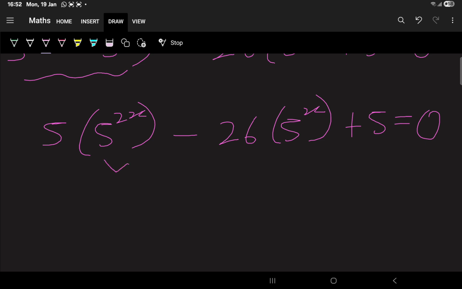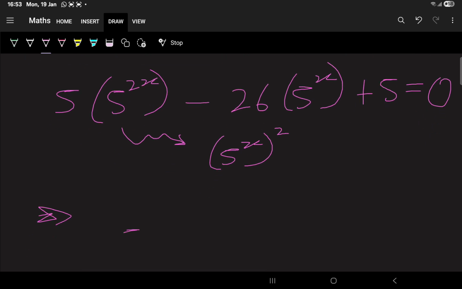We can break this down as we did in A, and after breaking this down, we are going to have 5 raised to the power of x squared. So this simplifies to 5 open bracket 5 to the power of x squared minus 26 times 5 to the power of x plus 5 close bracket equals 0.